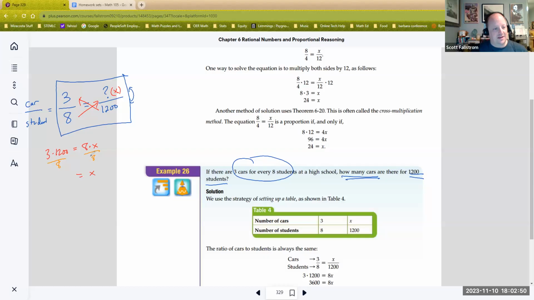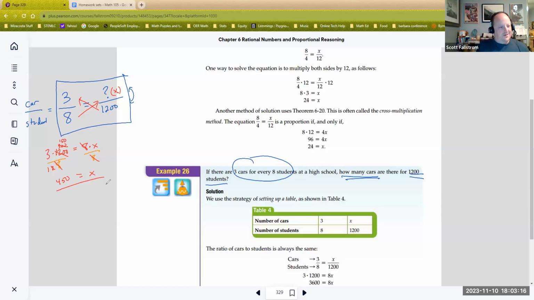The end result, because of the fundamental law of fractions: 8 goes into, I don't know if I can do that real quick in my head. Well, 4 goes in there and leaves me with 300. Then 2 goes in and it leaves me with 150. And so I end up with 450 equals x.